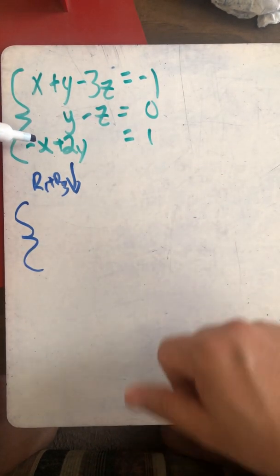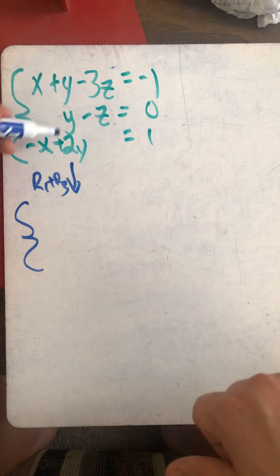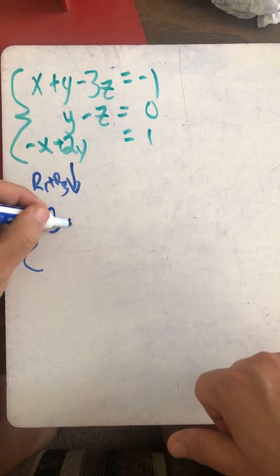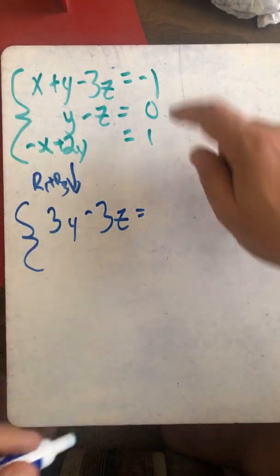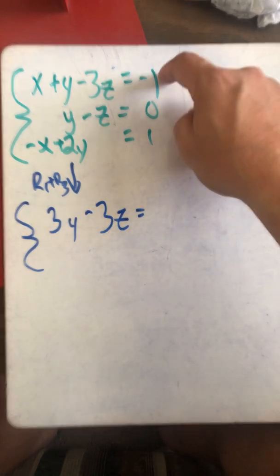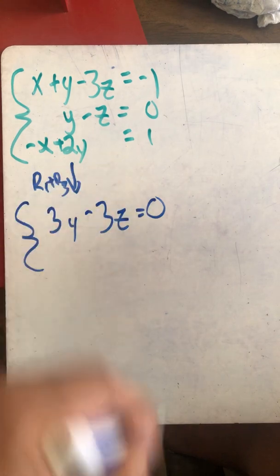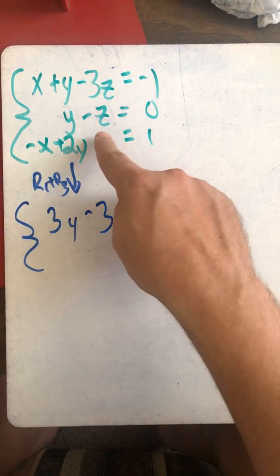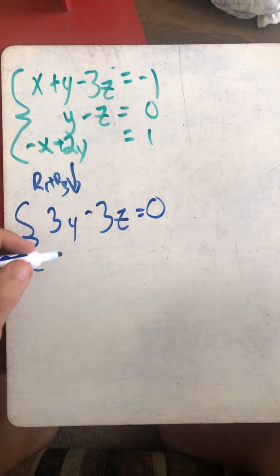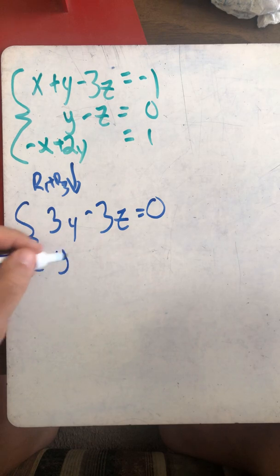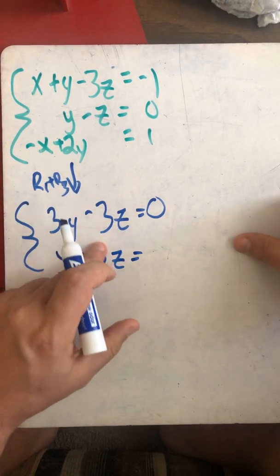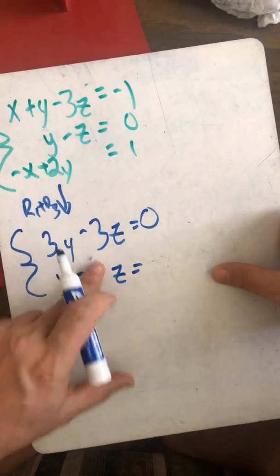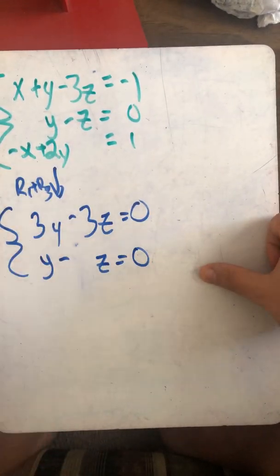So x plus -x, gone. y plus 2y is 3y minus 3z equals, well, now we have this. -1 plus 1, 0. We did not do anything with the middle one here. Oh, that's y minus z, not minus 3z, equals 0.